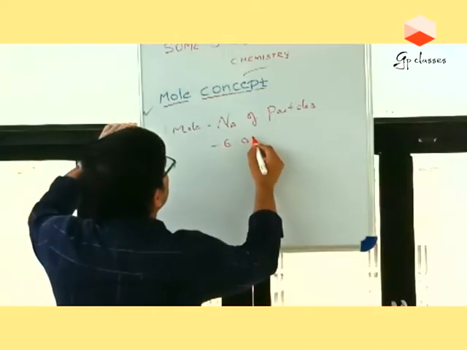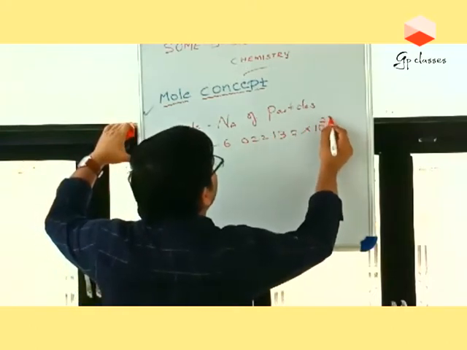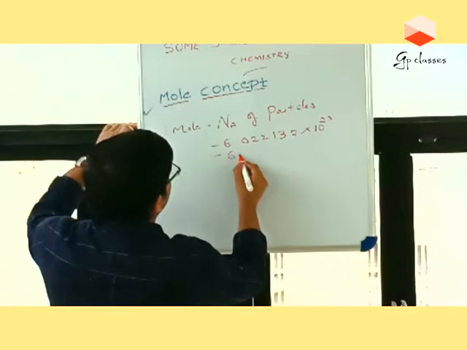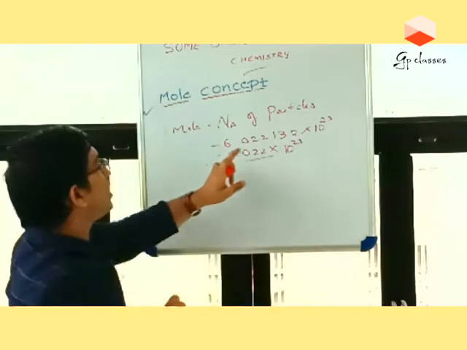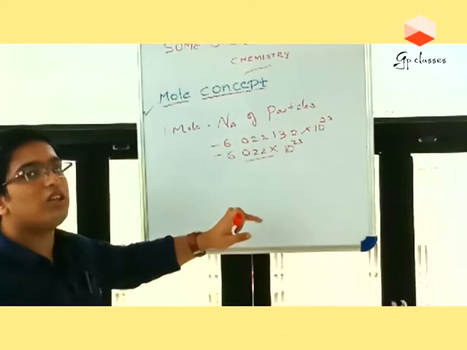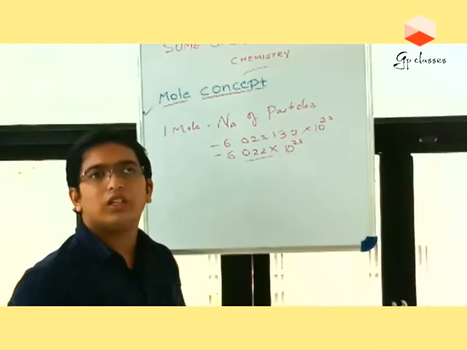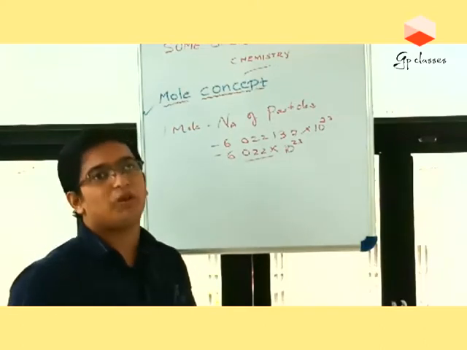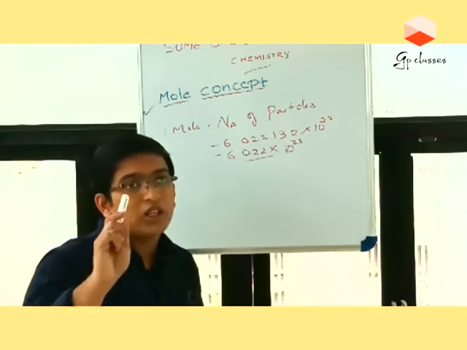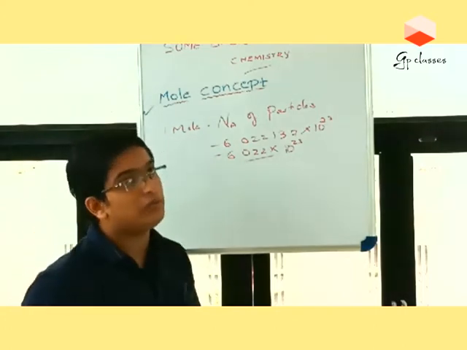It is 6.022137 into 10 raised to 23, which can be written as 6.022 into 10 raised to 23. So what is 1 mole of hydrogen atoms? It consists of Avogadro number of hydrogen atoms. What is 1 mole of hydrogen molecules? It has Avogadro number of hydrogen molecules.